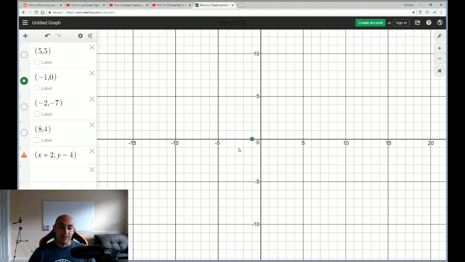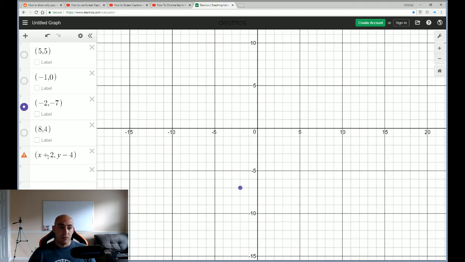Next, negative 2, comma, negative 7, down here in purple. I'm going to go right 2, so 1, 2, which is now at the 0 location on x. And I'm going to go down 4. It's already negative 7, so I'm going to go down 4 more: negative 7 minus 4 is negative 11. So down 1, 2, 3, 4.